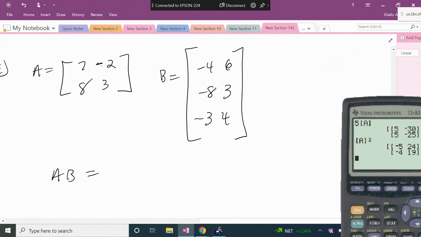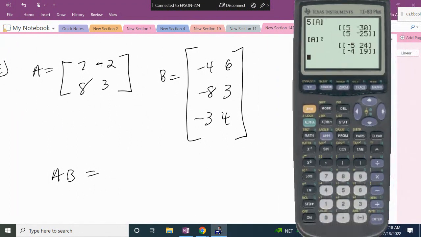All right, so I'm simply going to put these into the calculator and multiply them. Right, so matrix A, that's a 2 by 2 matrix. So we have 7, -2, 8, 3. I'm going to edit matrix B. But matrix B is a 3 by 2, right? 3 rows, 2 columns.